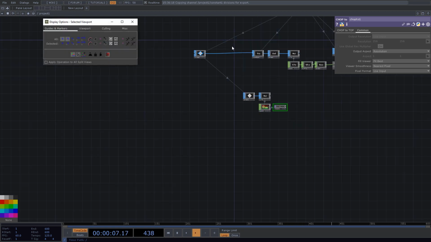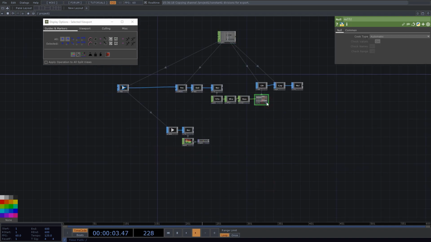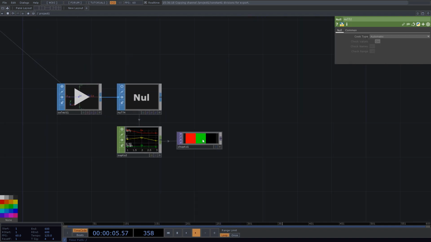Okay, and let's go for three sides since it's much easier to see if we do everything wrong or not.